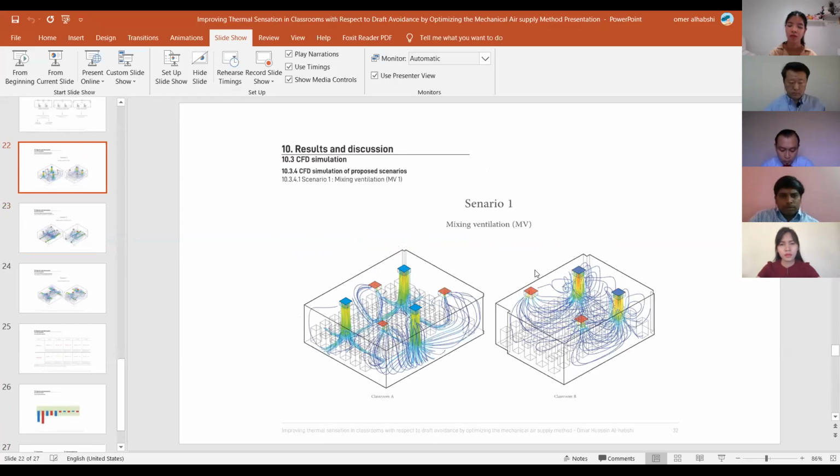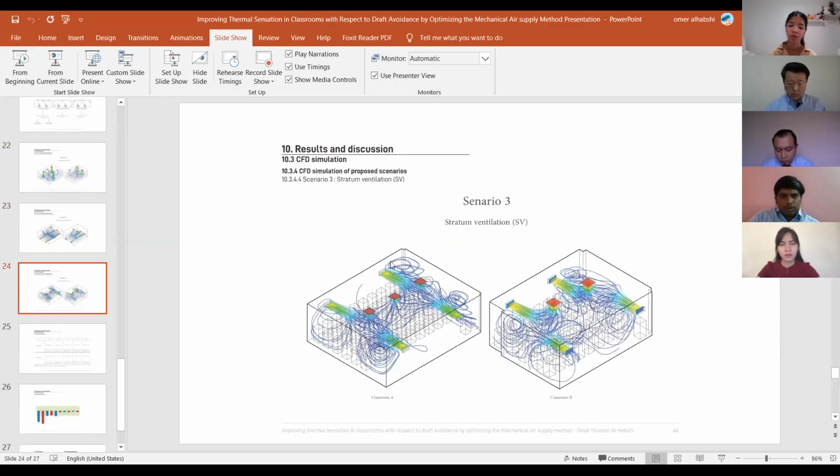I have worked on the DV system in my master's thesis, and I know that it's different from the conventional system in that you supply air at the floor level, right? So what's the difference between the DV and the stratum system? I have noticed from your figures just the location of the inlet air.